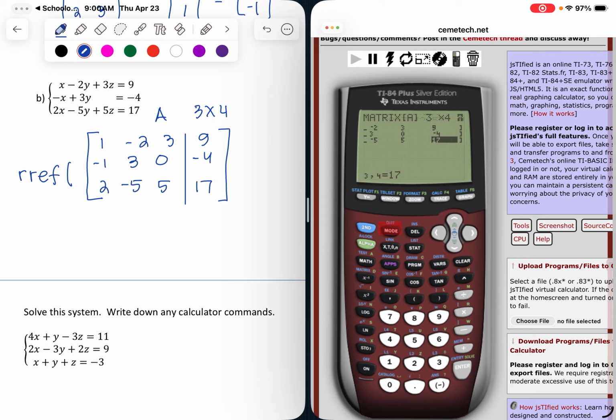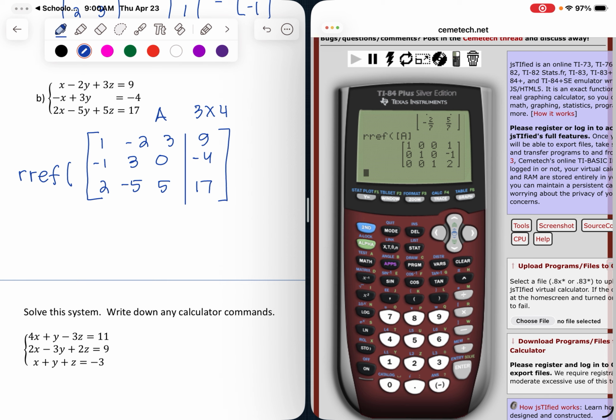Okay, so you can quit out of that now, and then you're going to go back into matrices, and you're going to move over to math. If you toggle down, you should see option B is RREF, reduced row echelon form. You can go ahead and click that, and then put matrix A in there.